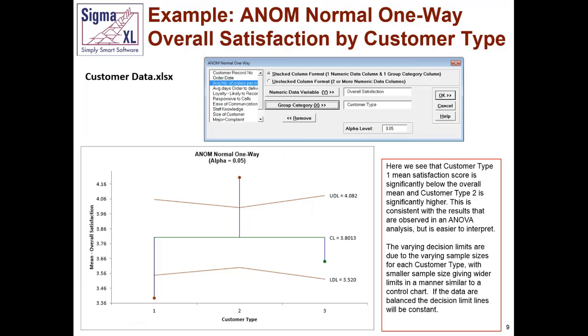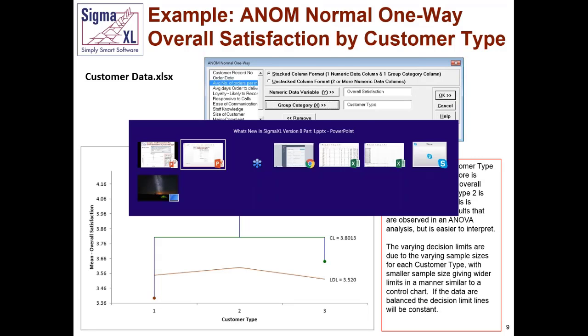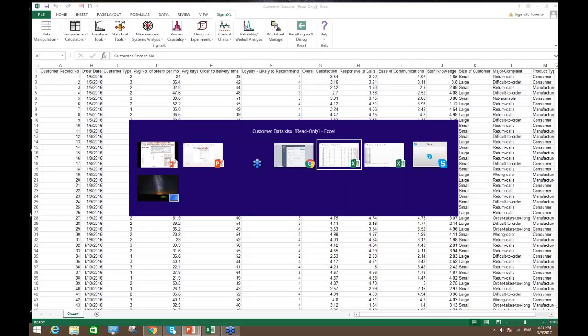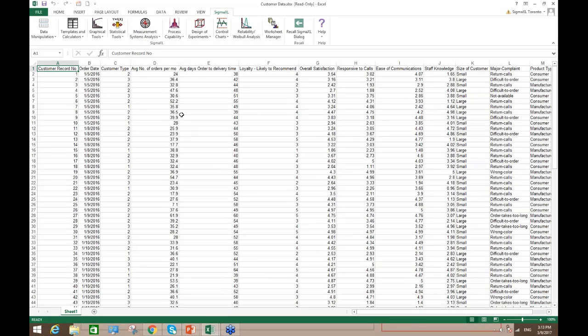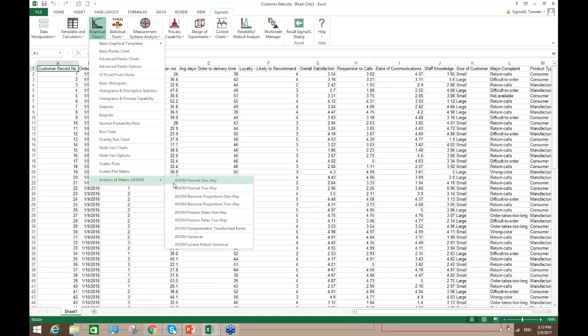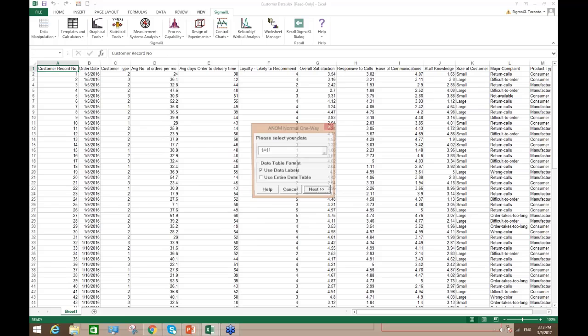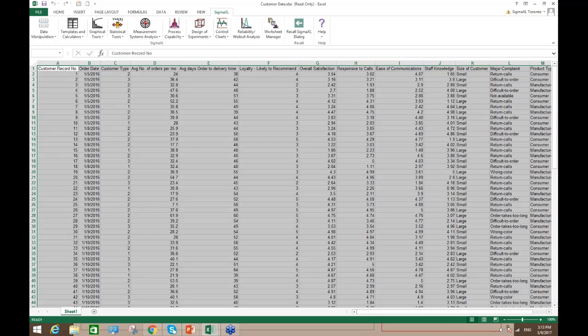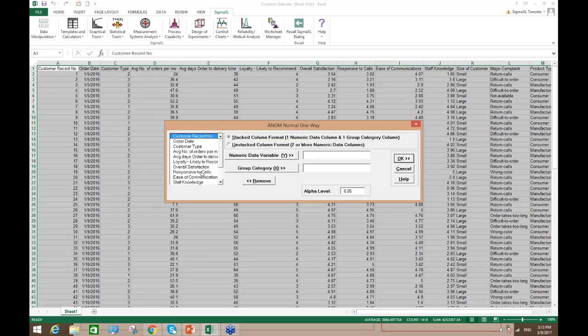This is the first example. Actually, let me just run that example in SigmaXL. So I have customer data, and I want to do an ANOM chart of overall satisfaction by customer type. So I will go to Analysis of Means, ANOM Normal One-Way, use the entire data table, and I'll do overall satisfaction by customer type.